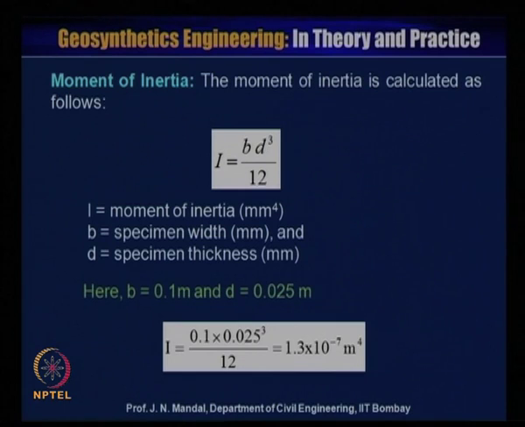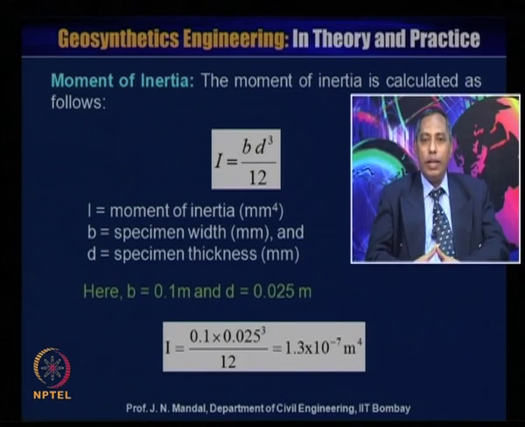Also, you can calculate the moment of inertia. The moment of inertia is calculated as follows: I is equal to B d to the power 3 by 12, where I is the moment of inertia in millimeter to the power 4, B is the specimen width in millimeter, and small d is the specimen thickness in millimeter. Here B is 0.1 meter and d is 0.025 meter.